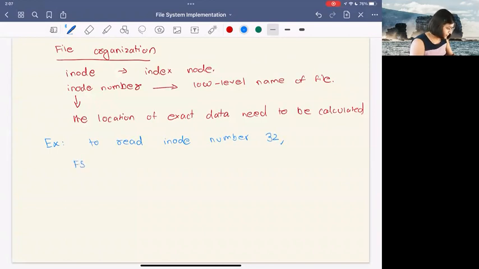the file system would first calculate the offset into the inode region.